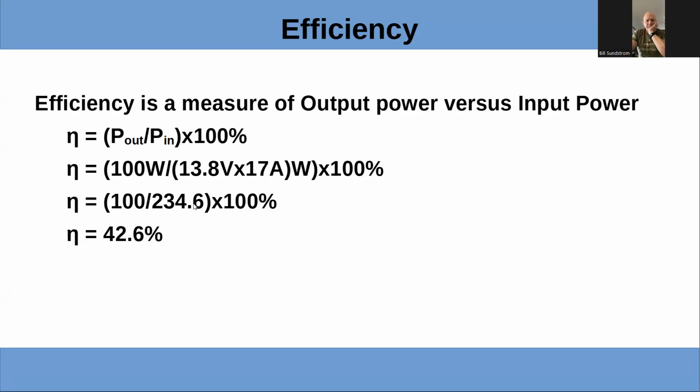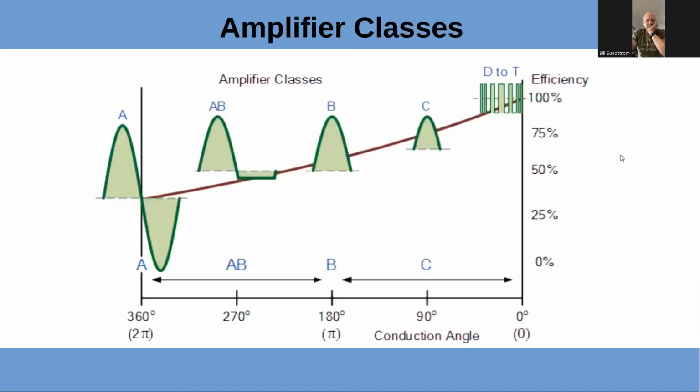So if you plug that into the equation, it comes out that it's only 42.6% efficient. In other words, you're putting 234 watts into it to get 100 watts out. This little chart shows the different classes and kind of the relative efficiencies.